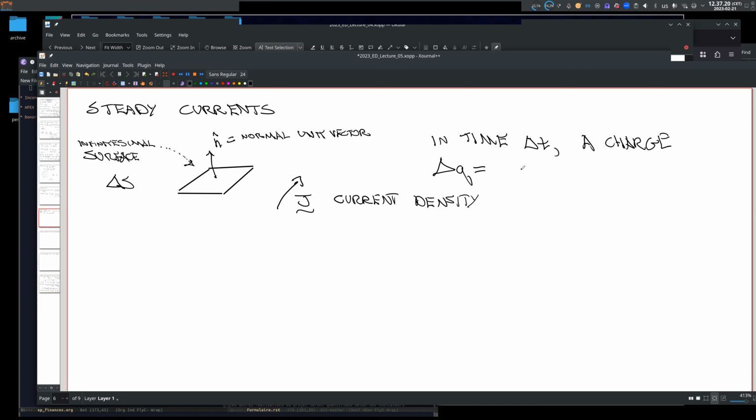I would have my current density J, and I would take the dot product with the unit normal vector of this little differential surface area delta S. Of course, if the current is perpendicular to the surface, there's nothing going through the surface, so I'm just interested in the component along the normal to the surface. Then it would be proportional to the area itself, delta S, and to the amount of delta t. So it goes through.